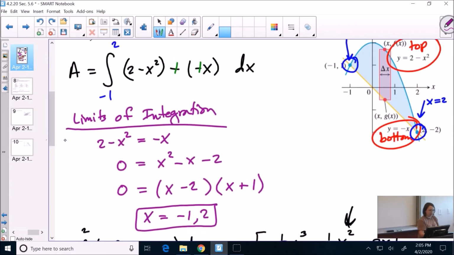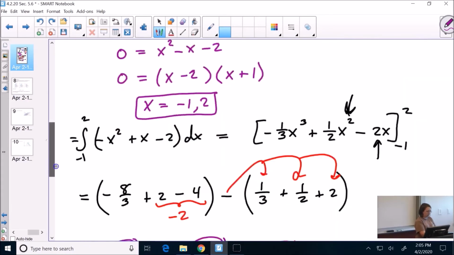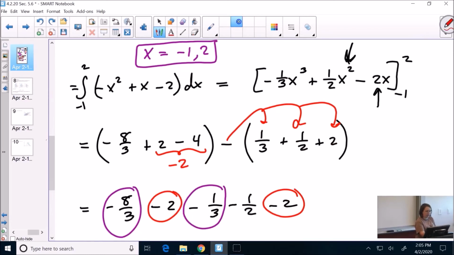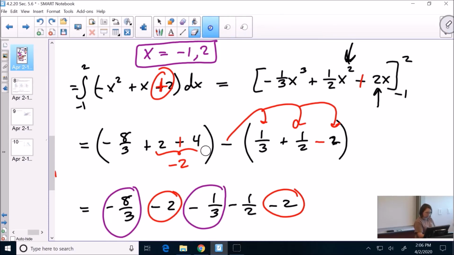Oh, I got my signs wrong. So it should have been negative x squared plus x plus 2. That's my problem. That right there. Plus. Let me fix it. So plus. Plug in 2, that's going to be plus. Darn it. And plug in negative 1 and do minus. I'm sorry. Minus. Now I gotta fix all this. Why you should always be slow and careful.